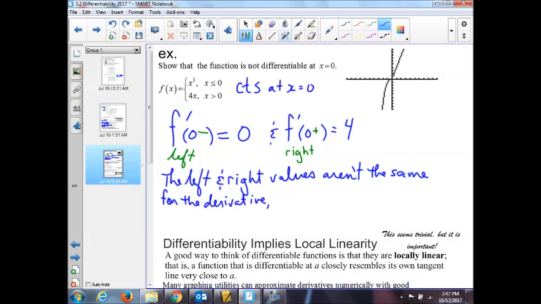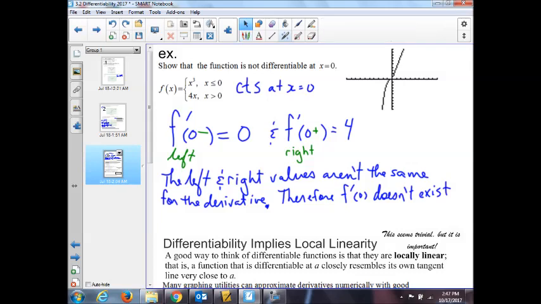So we could say, therefore, f prime of 0, either side, doesn't exist. It's not defined, or undefined, doesn't exist. Same thing. You could say it a number of different ways.